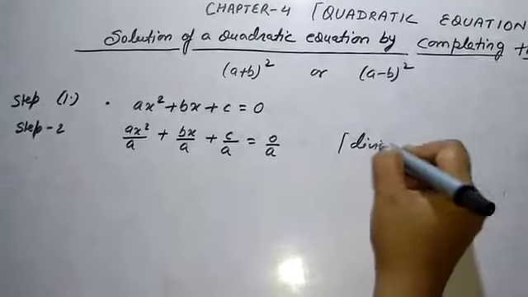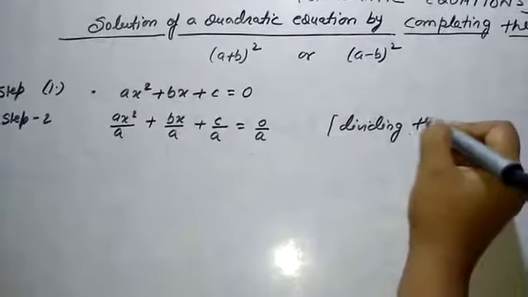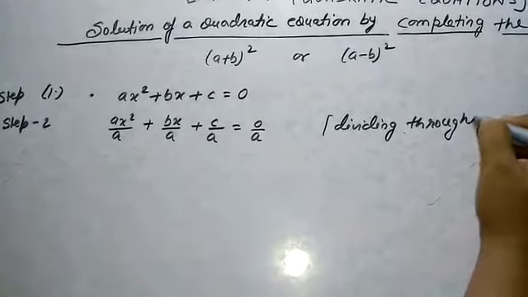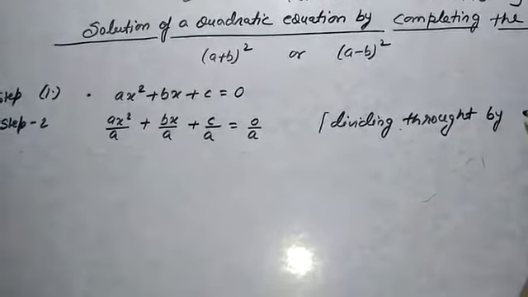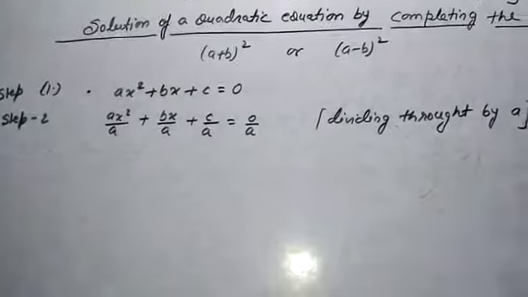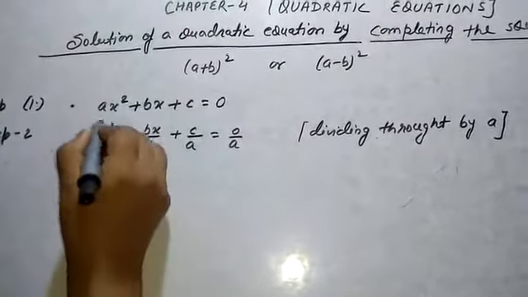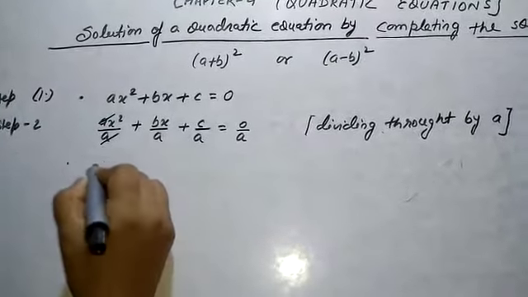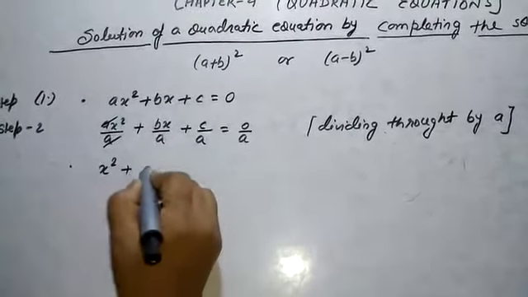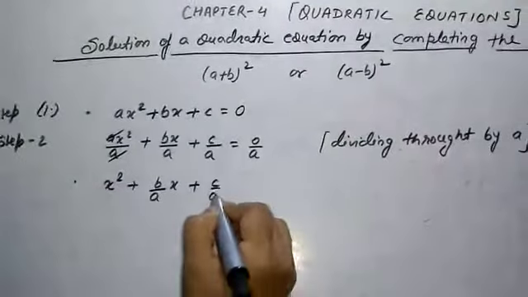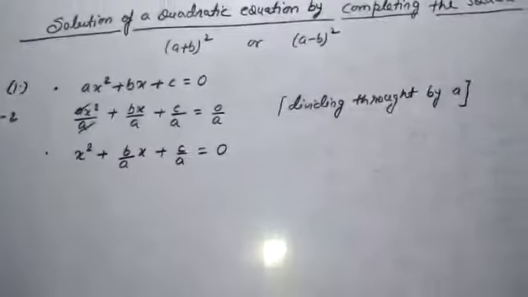Dividing throughout by a. After that, if anything gets cancelled out, cancel it out and again write the equation. x square plus b by a x plus c by a equals to 0.